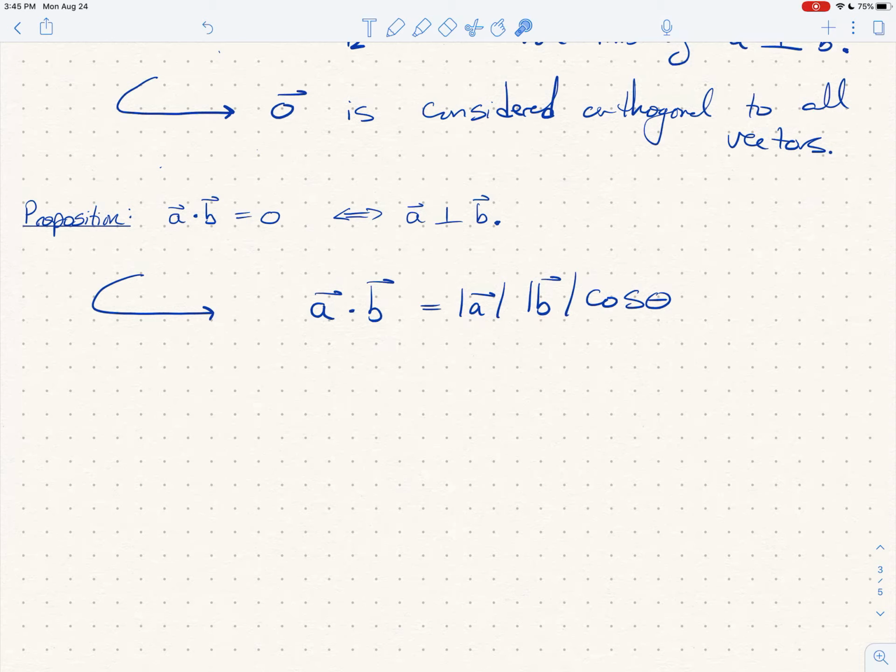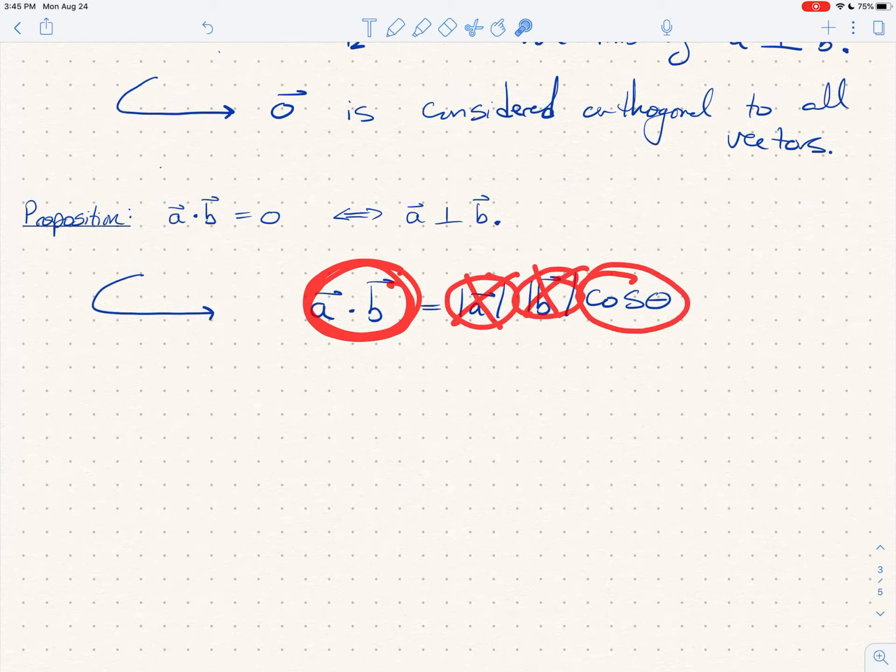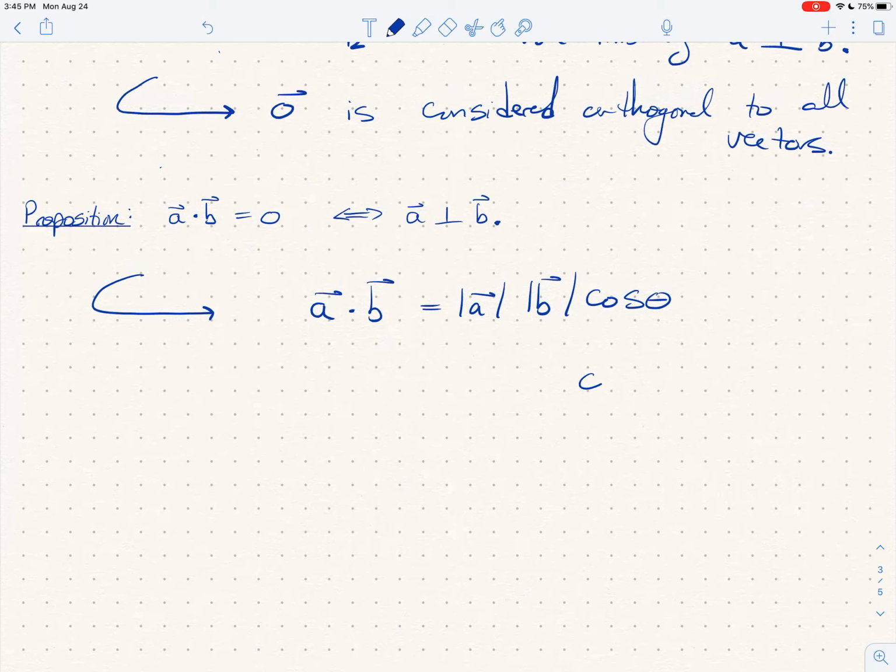So I'm assuming A is not the 0 vector, B is not the 0 vector, and their dot product is 0. Then cosine theta has to be 0. And if cosine theta is 0, it's not hard to argue that theta needs to be pi halves. You could say plus or minus pi halves, but it doesn't matter which way: the angle between A and B has to be 90 degrees.